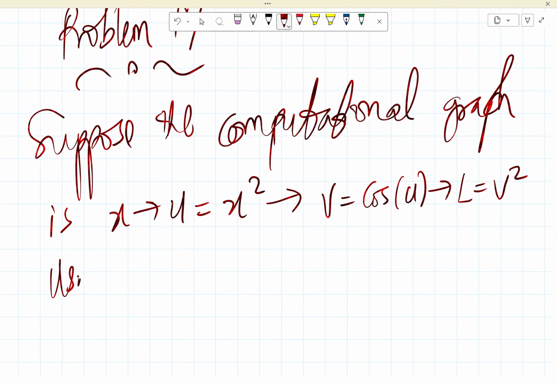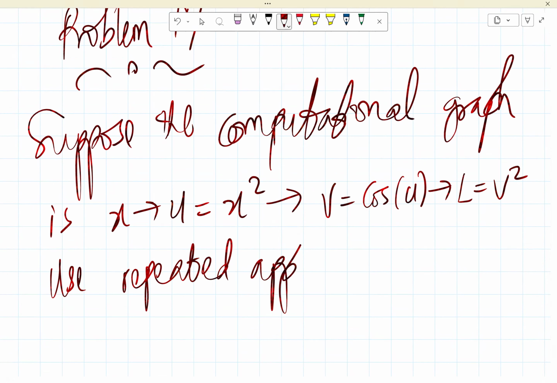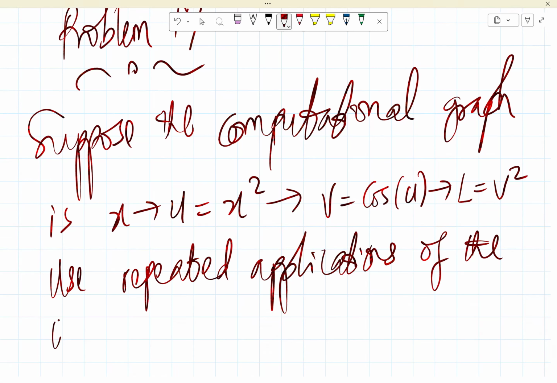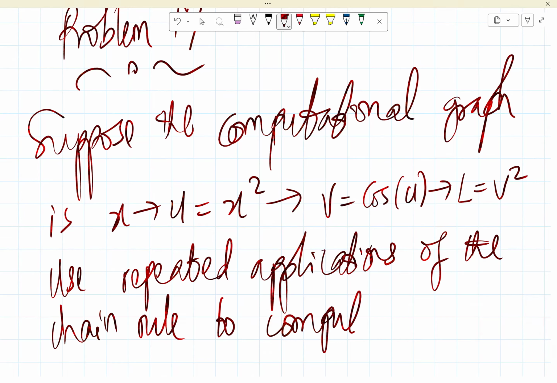So we need to use repeated applications of the chain rule to compute dL/dx.